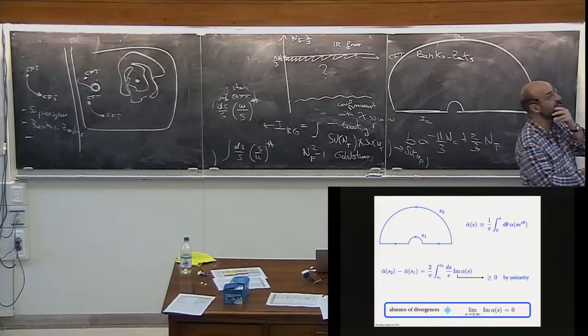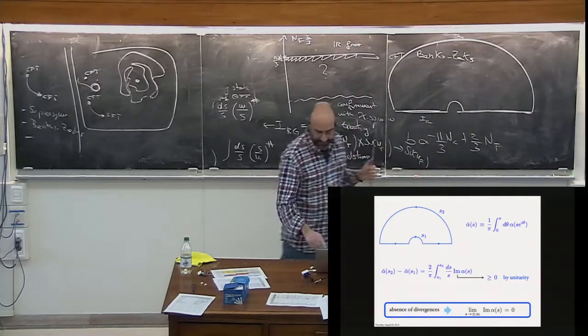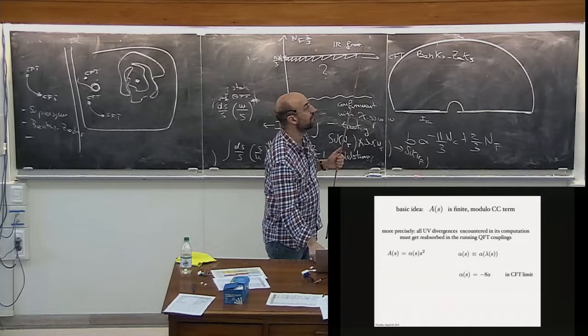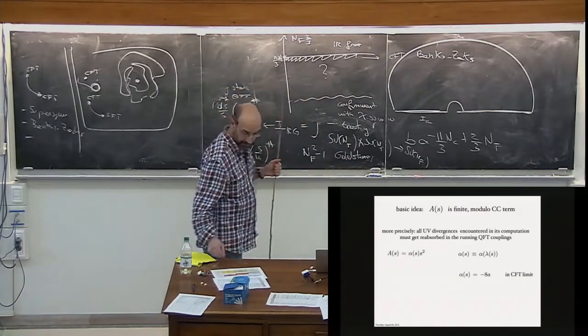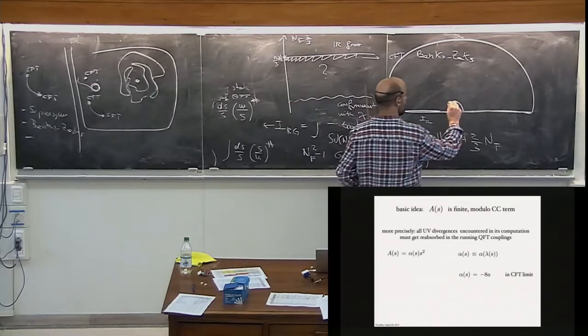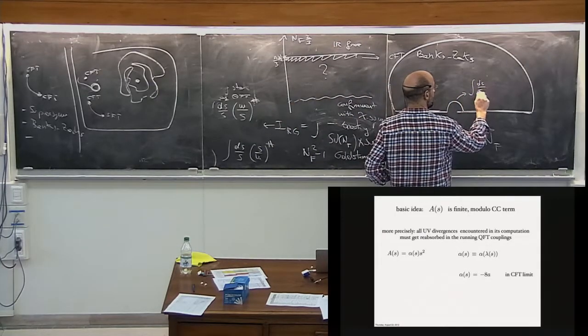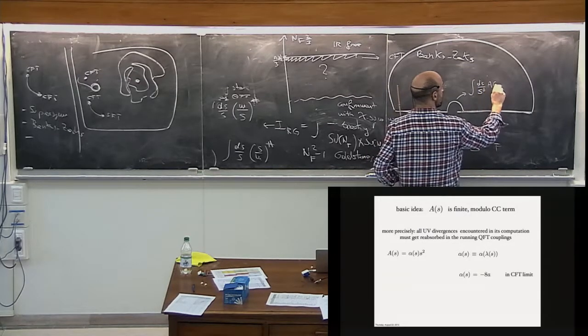The integral around these circles, okay, if you look at my expression here, so let me say the integral around the circle here is the integral of ds over s cubed of A of s.